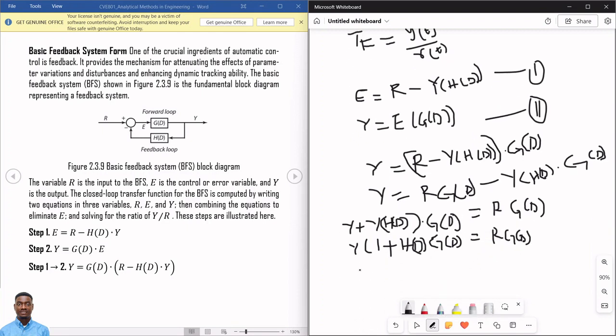Equals G D. So transfer function is output over input.